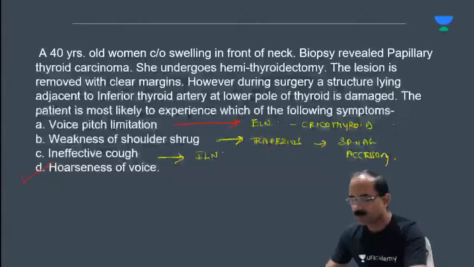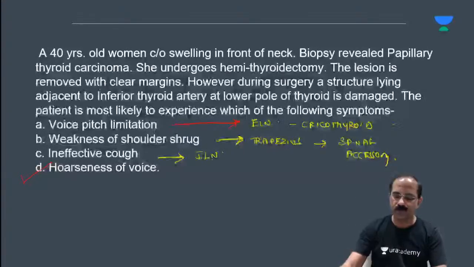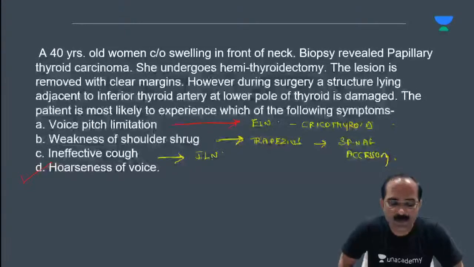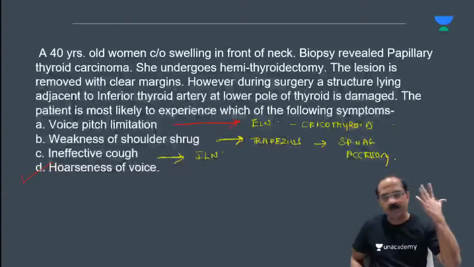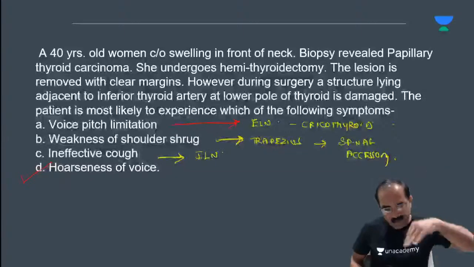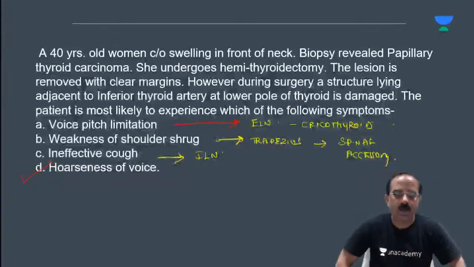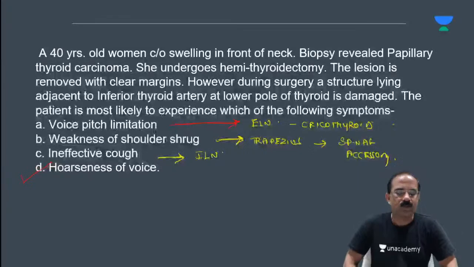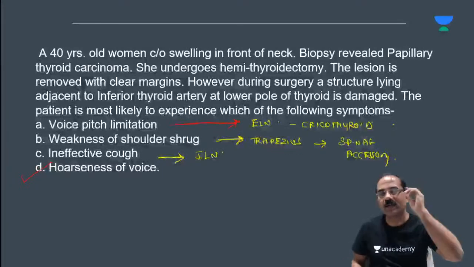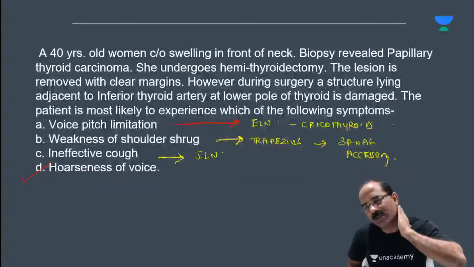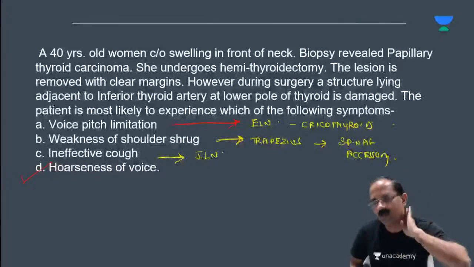Which other muscle is supplied by the spinal accessory nerve? Trapezius is supplied by the spinal accessory. Which other muscle? Sternocleidomastoid. Very good. And this spinal accessory nerve lies on a muscle in the posterior triangle.